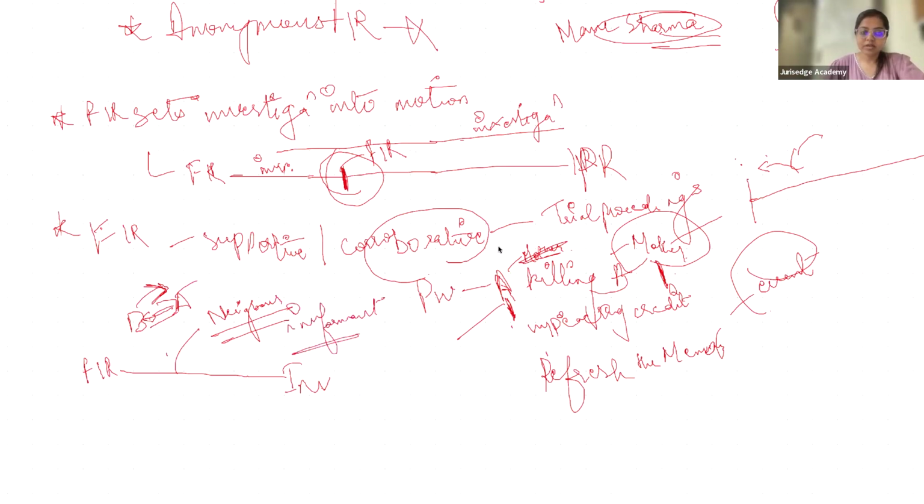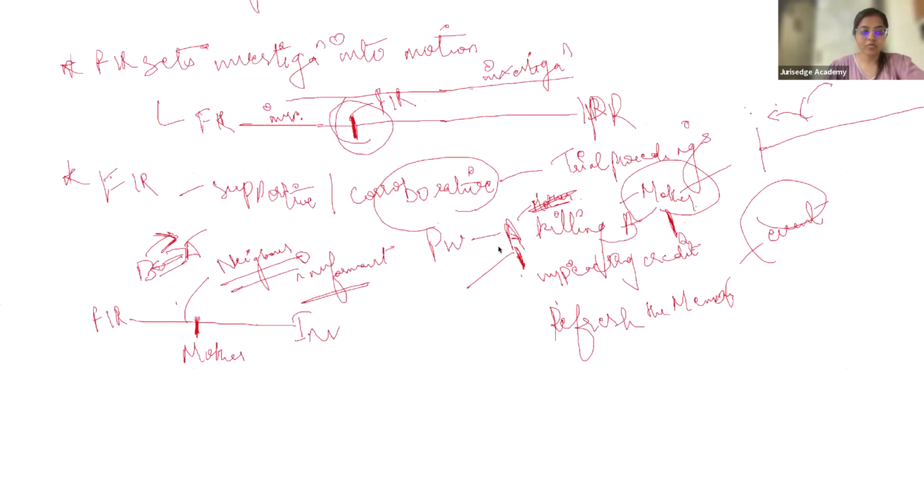Suppose in between this, the mother only comes back and says, I was very scared, I was not in my senses, I was sleeping, I did not hear the voice, I came out from my room and I saw A and B fighting. I did not see A and B fighting.